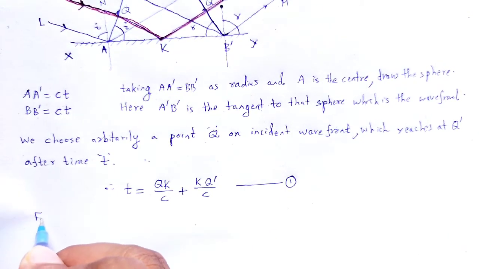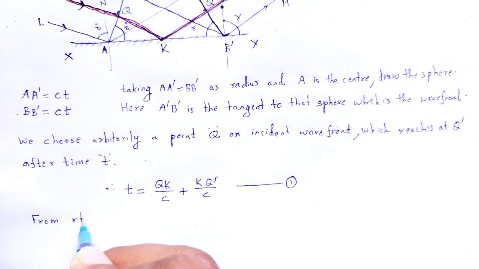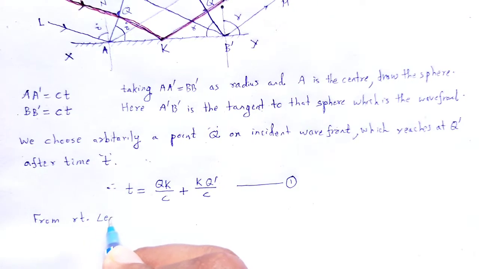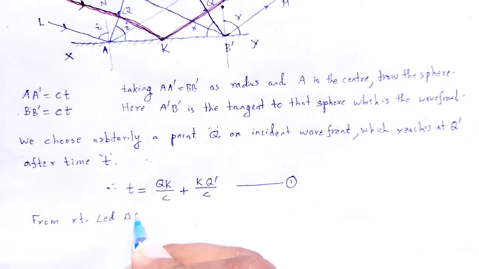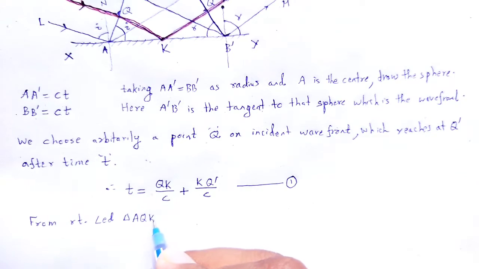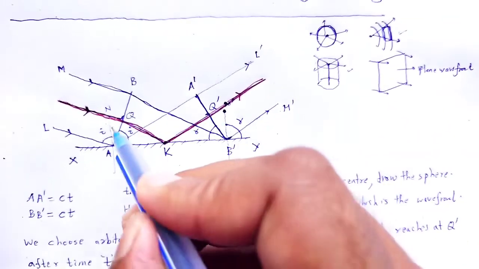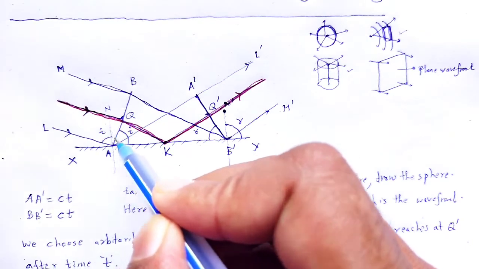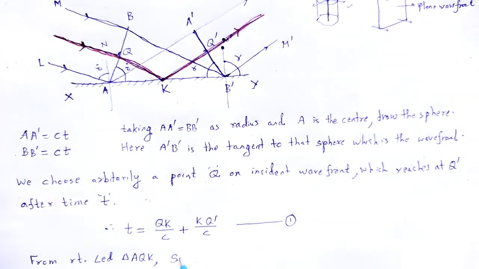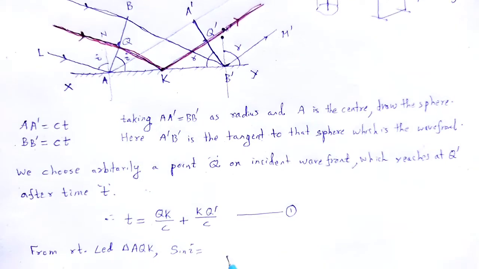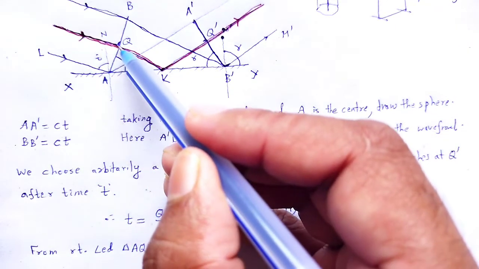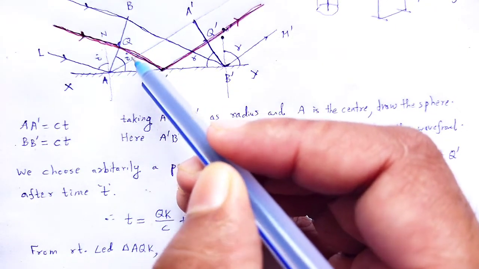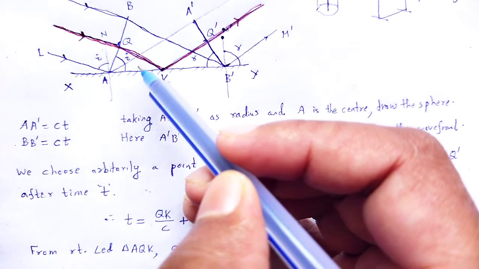From the right angled triangle AQK, with angle 90 degrees, sin i is equal to perpendicular divided by hypotenuse.